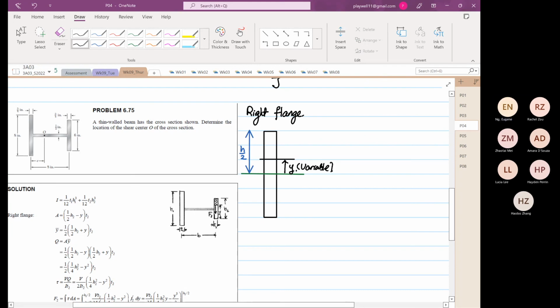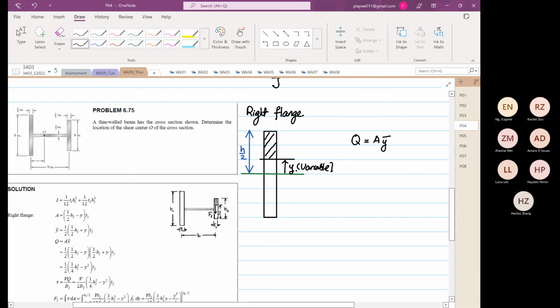If this is the area that we are going to consider, they have to calculate the area because they want to find Q, and Q is equal to A y bar.